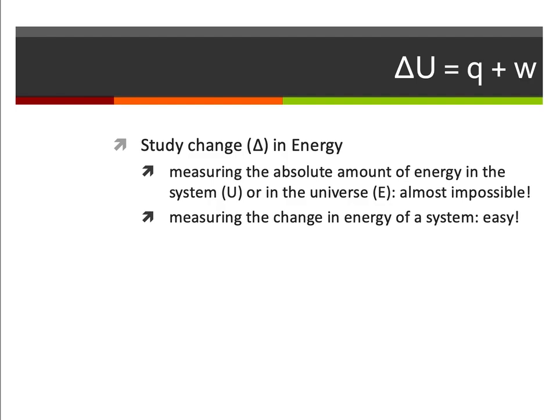It's nearly impossible to measure the actual total absolute value of energy in a system or even the total energy in the universe. It is, on the other hand, pretty simple to measure the change in energy of a system. This is done primarily by monitoring temperature changes.